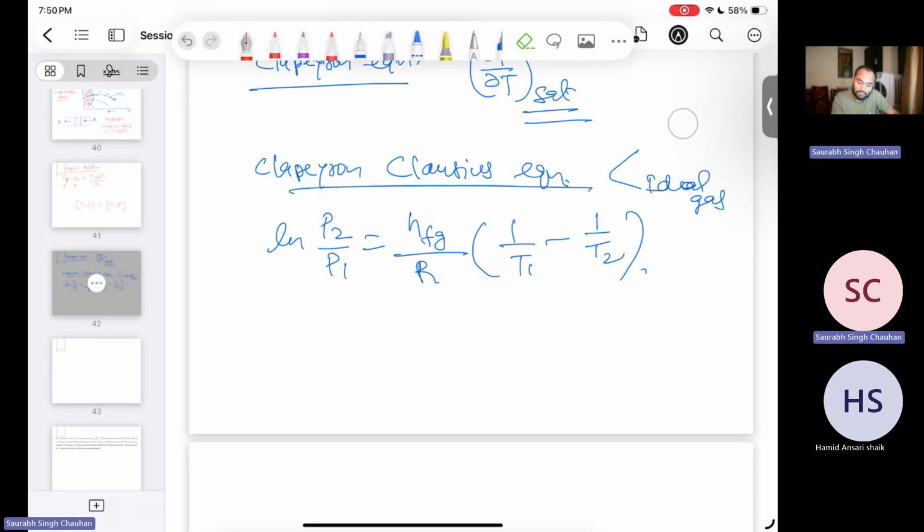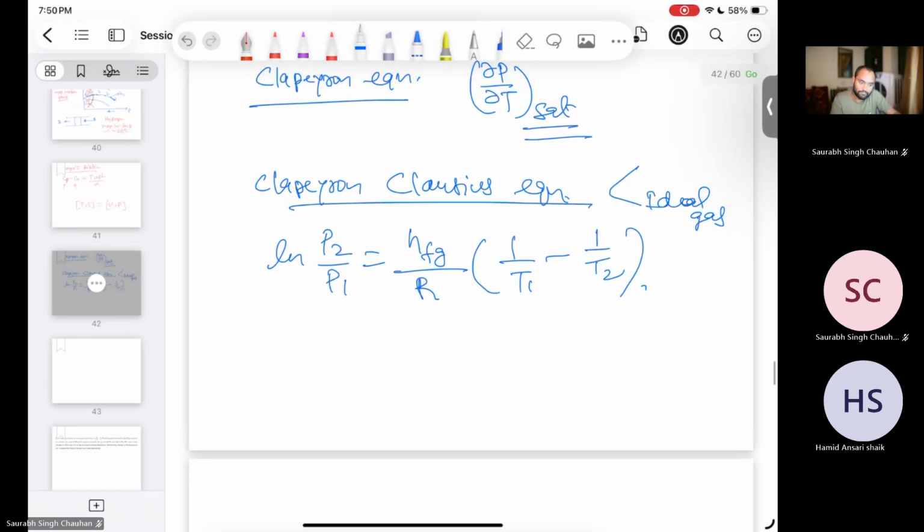The specific volume of the liquid, Vf, is very small compared to the specific volume of the gas.